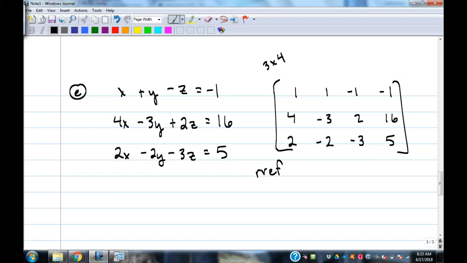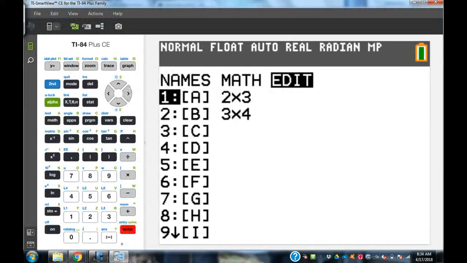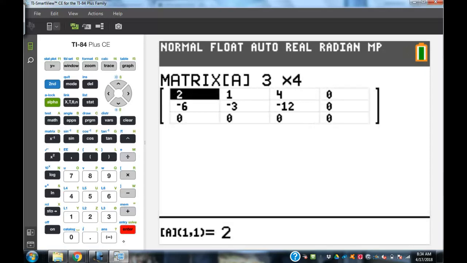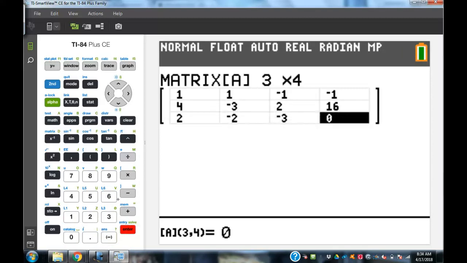Okay, so let's put that matrix into our calculator. Edit. I'm just going to stick with matrix A, 3 by 4. 1, 1, negative 1, negative 1. 4, negative 3, 2, 16. 2, negative 2, negative 3, 5.